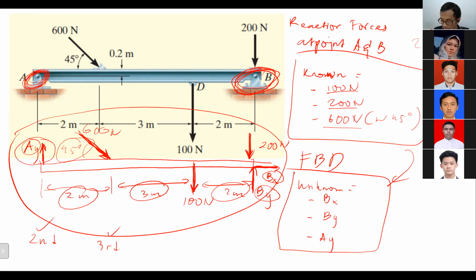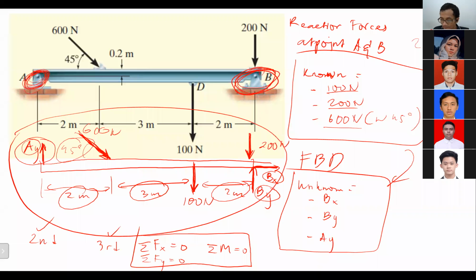So basically, we just use sigma Fx equal to 0, sigma Fy equal to 0, and sigma moment equal to 0. These three equations you can use.